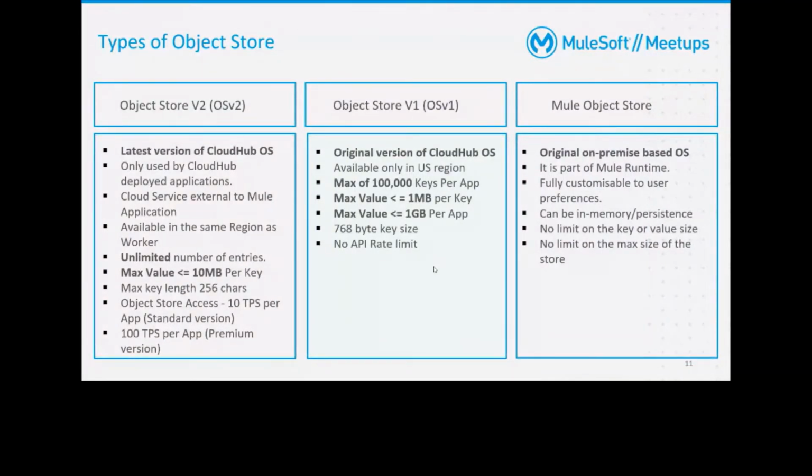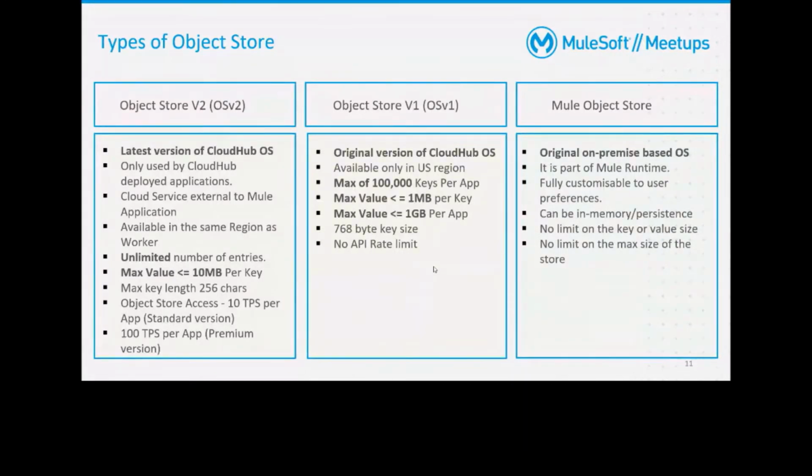So what is V1, V2, and what is Mule object store? We will see here. OS V1 and OS V2 are mainly used for CloudHub implementation. This is an external cloud service to the Mule application, so we will be using an external service to store all our data.